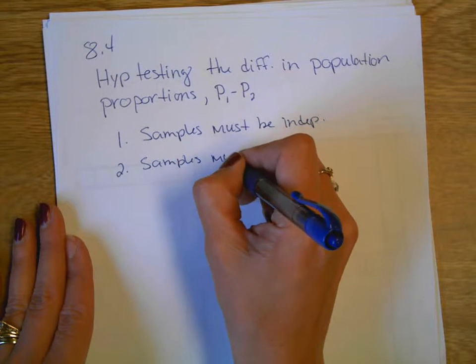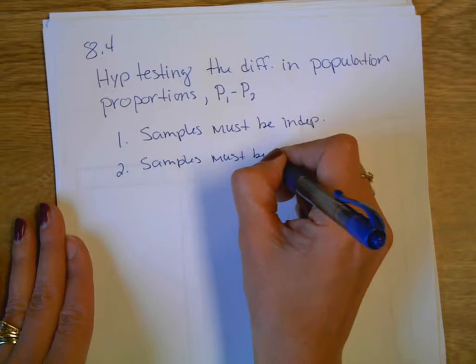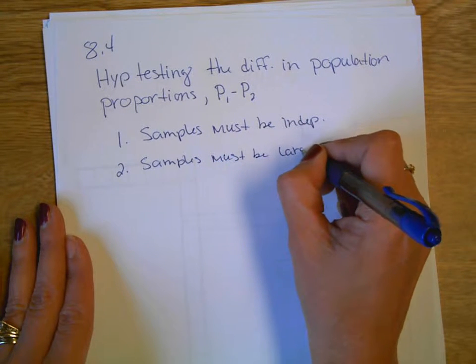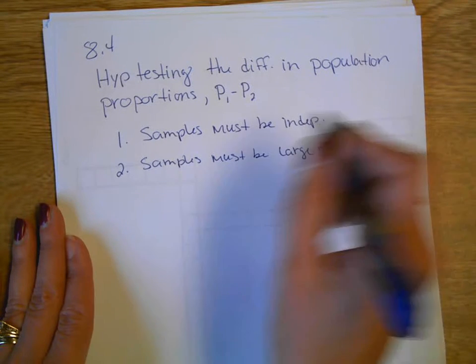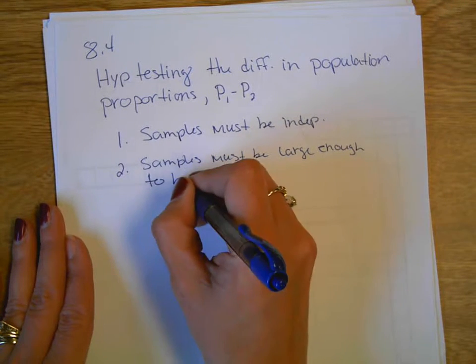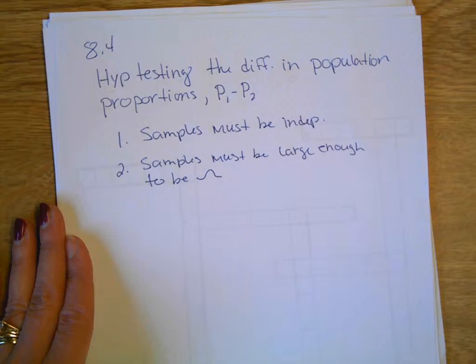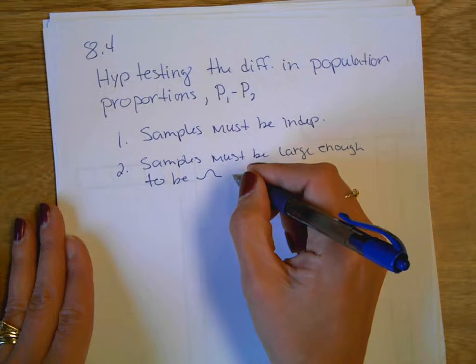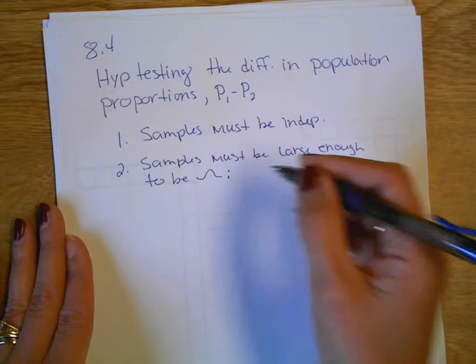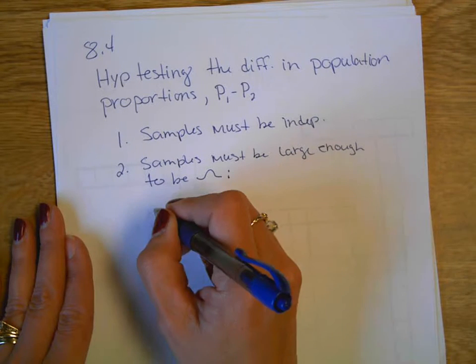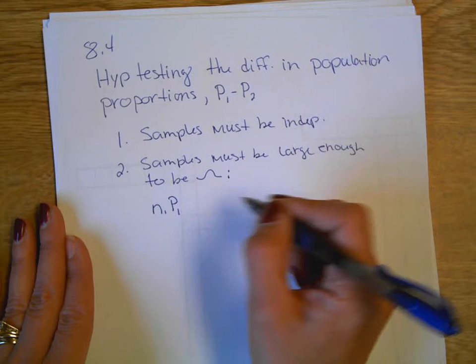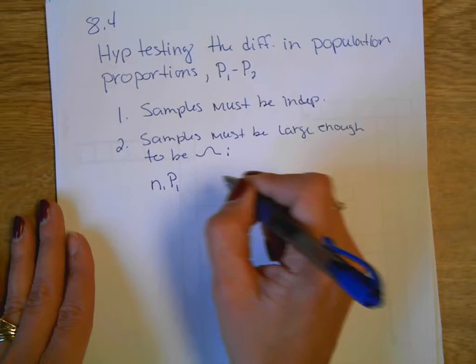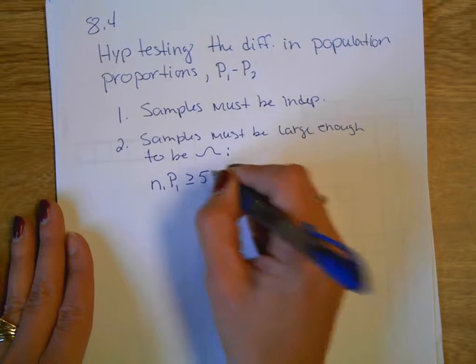The samples must be large enough to be normal. For proportions, it's not the magic number 30. It's sample size times the proportion of the first sample has to be greater than or equal to 5.